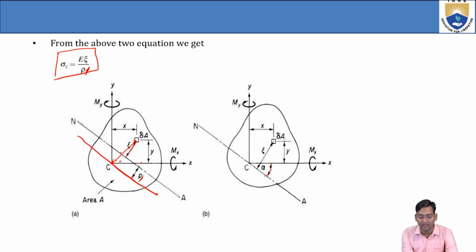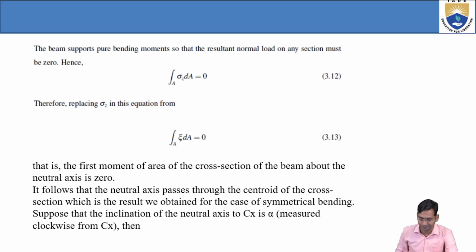Earlier that alpha was not there because we had taken it along this axis only. Now the origin axis is at an angle alpha from the neutral plane, so we have to take care of that.